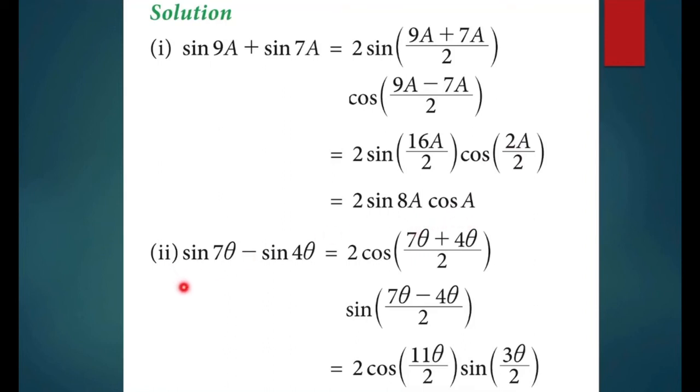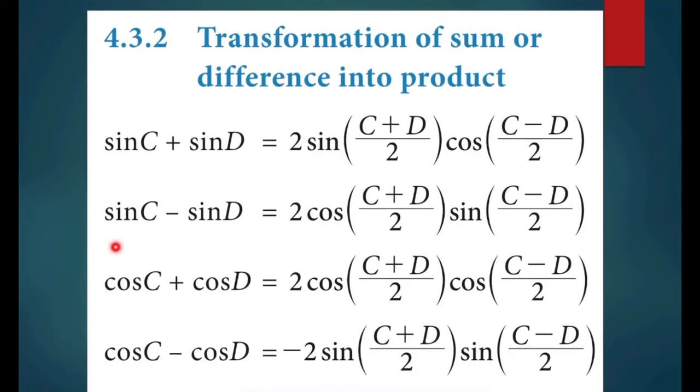Now the second one, sin 7 theta minus sin theta. Here also both are sin, but the difference is there, so you have to choose according to that. Two sin terms with a minus in between. Which formula can we choose? Both ratios are sin and there is a minus in between, so I can choose this formula: 2 cos (c plus d) by 2 sin (c minus d) by 2.